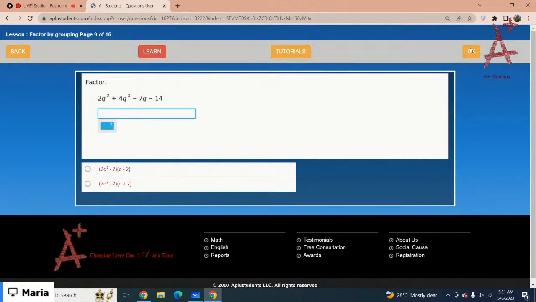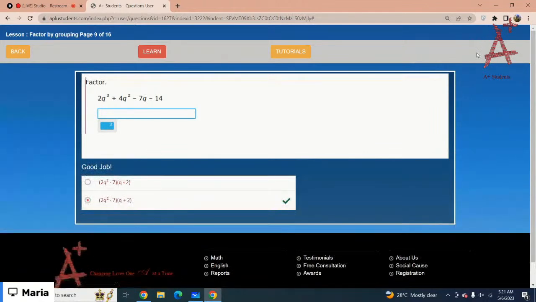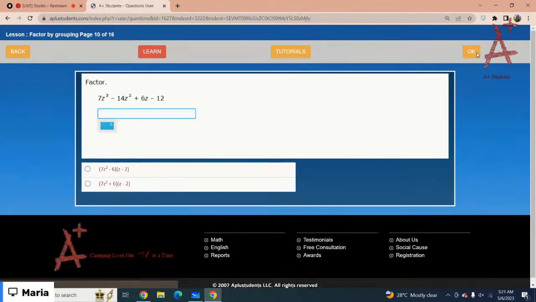Yes, that would be option number 2. Okay, the next one is 7z cubed minus 14z squared plus 6z minus 12. So which is the correct option?